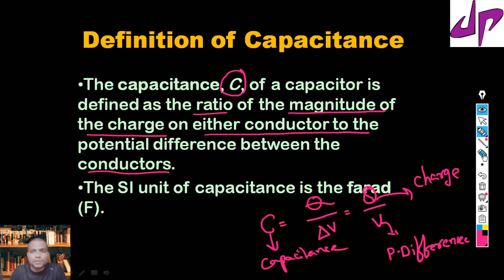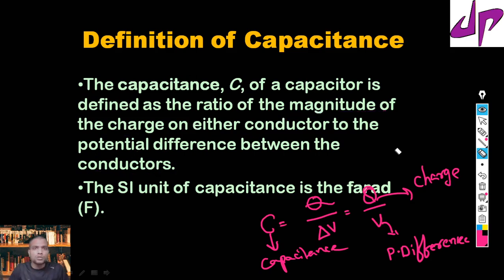So a simple definition: the capacitance of a capacitor is defined as the ratio of charge to the potential difference. If you divide those two quantities, scalar over scalar, we get a scalar.